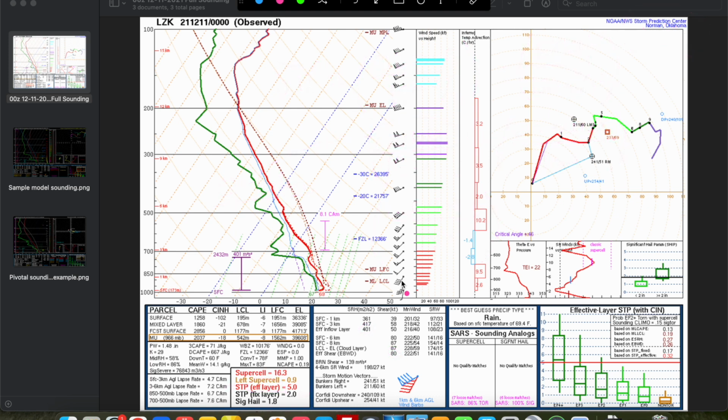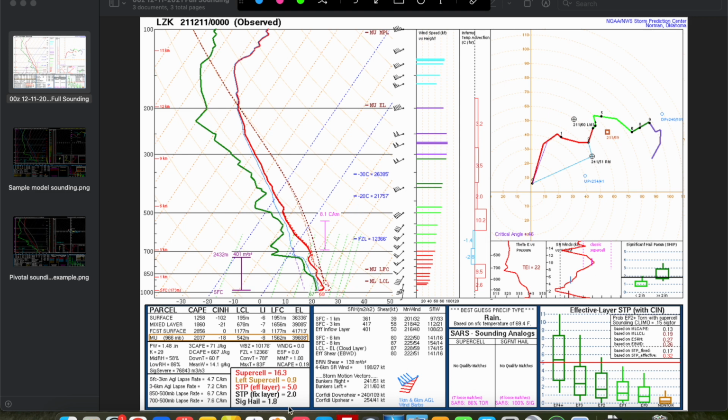But again, these are both composite parameters and ones that I'm never going to be using in a severe weather forecast, because we can find the threat for supercells and the threat for strong tornadoes based on a lot of other factors within this Skew-T and other products.